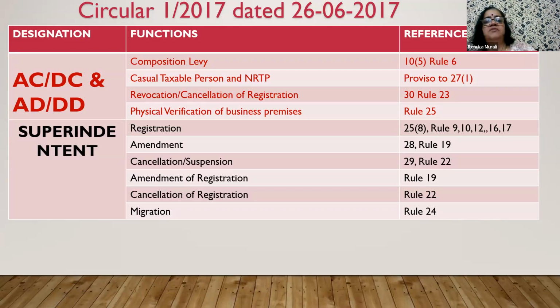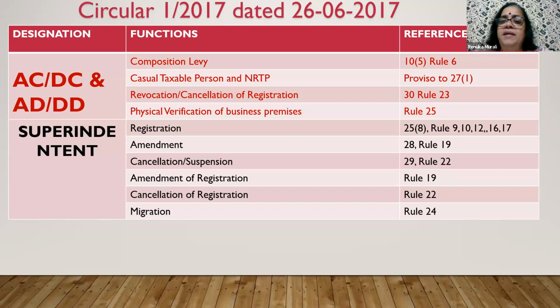They have functions with respect to composition levy, casual taxable person, revocation, and physical verification of business premises. Meaning to say, in case of physical verification of business premises, the permission has to be sought from the AC or DC, as the case may be, or the additional director or deputy director, is my understanding of these functions.